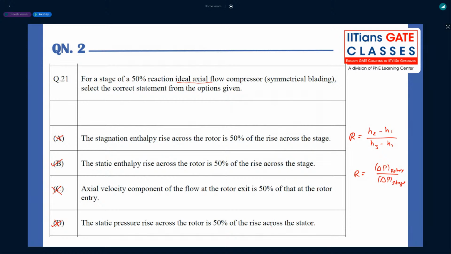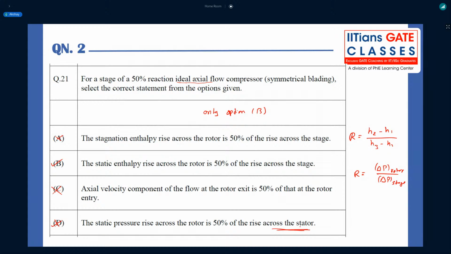Yes, actually they are right. What they are suggesting is that the option mentions only the stator.